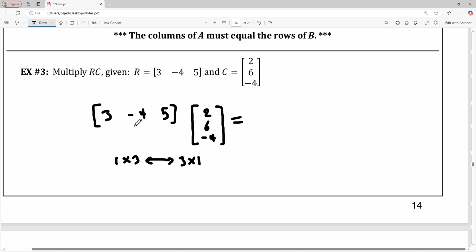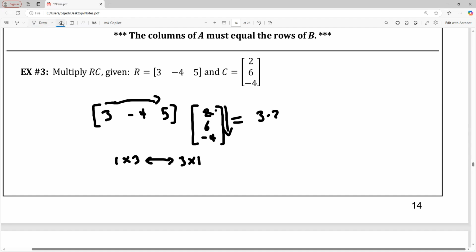To multiply these matrices together, I'm going to take the first element in the row, which is 3, and multiply it by the first element in this column, which is 2. The pattern I'm following is that I follow the rows of the first matrix and the columns of the second matrix. So I'm doing 3 times 2. Oops, did not mean to delete that 2. One sec. How do I undo that?